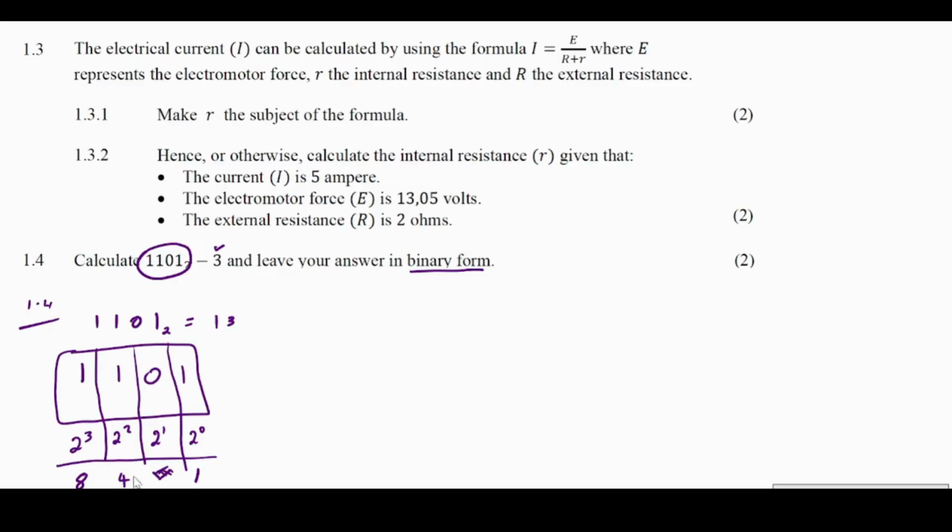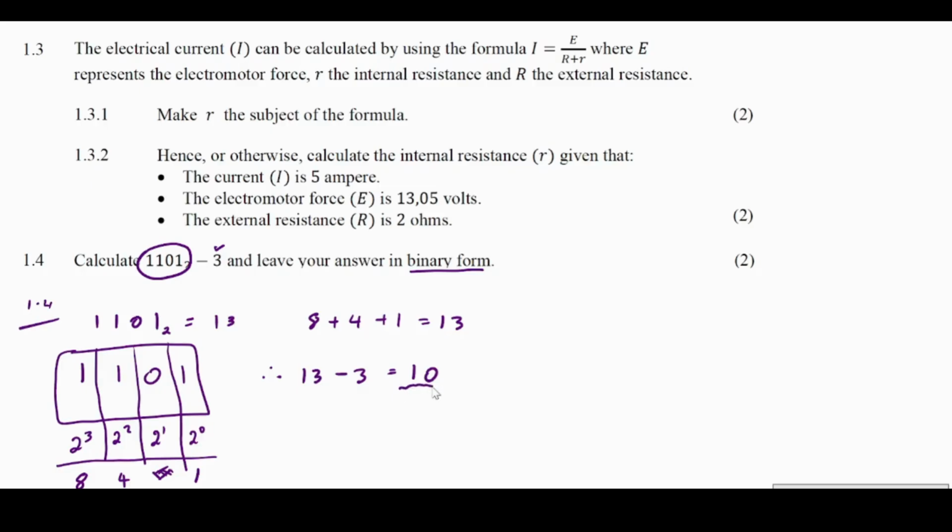So you say 8 plus 4 plus 1, which is 12 plus 1, is 13. So that's where we get this 13. Therefore, this is the same as having 13 minus 3, which is equal to 10.